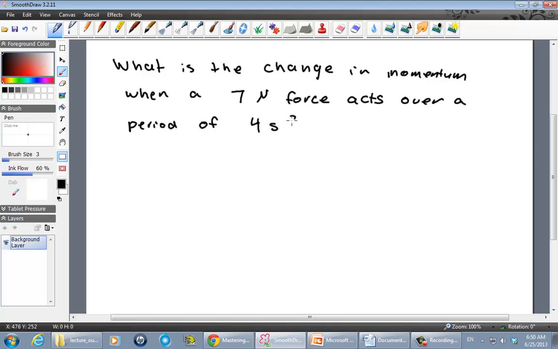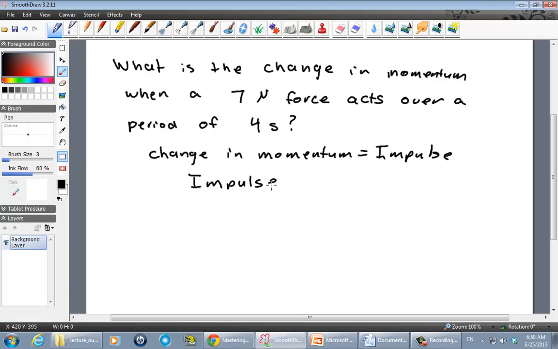Okay, what you have to remember here is change in momentum equals impulse. So what's our impulse? It's force times time, or 7 newtons times 4 seconds, equals 28 Newton seconds. And remember, a Newton second is the same as a kilogram times a meter per second. So that's the change in momentum.